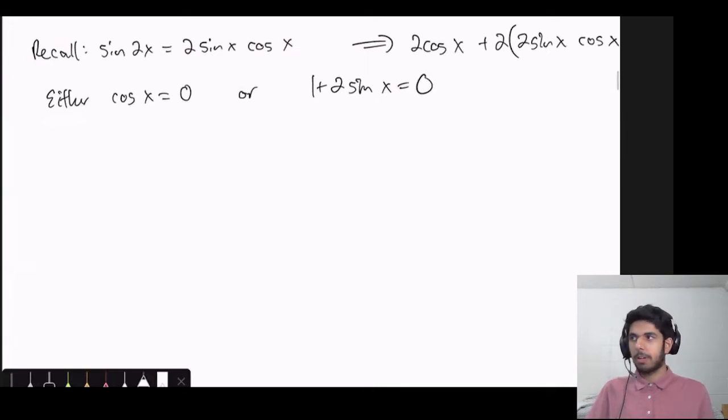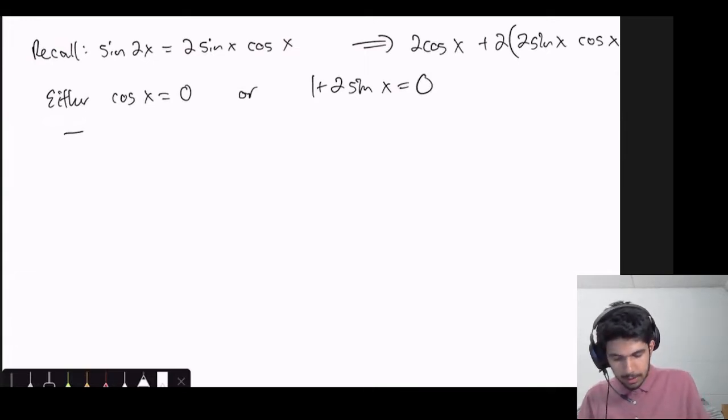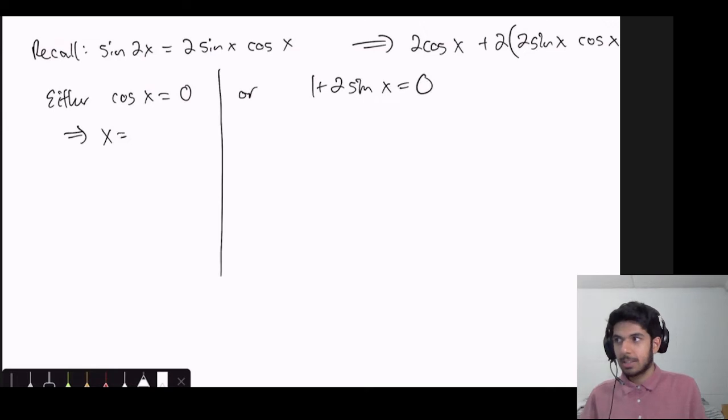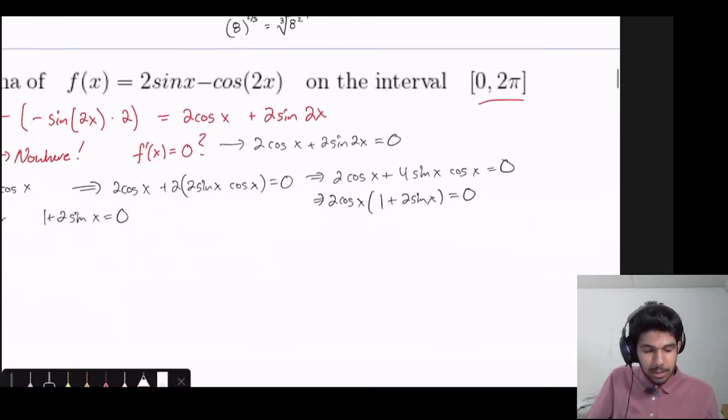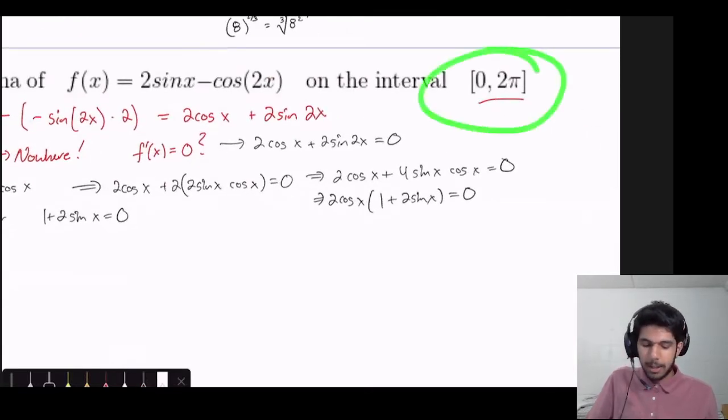Let's figure out what values of x make each equal to 0. The first case occurs when x equals pi over 2 or 3 pi over 2. Really any odd number times pi over 2, but we don't include 5 pi over 2, 7 pi over 2, or even negative pi over 2, because we're on the interval 0 to 2 pi.